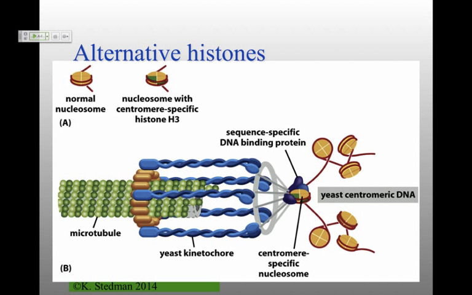I just want to finish up by reminding you that we've got alternative histones as well as these modifications. How you get alternative histones associated with DNA, we can talk about offline if you're interested in that.